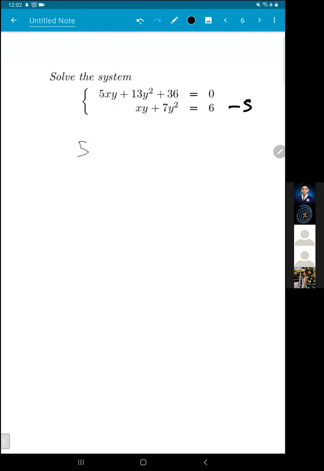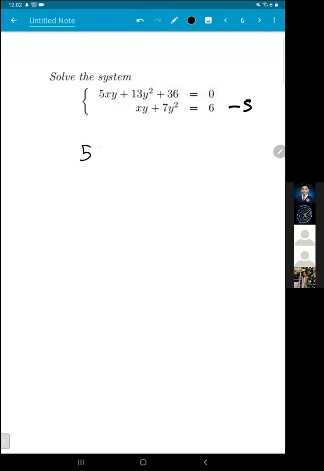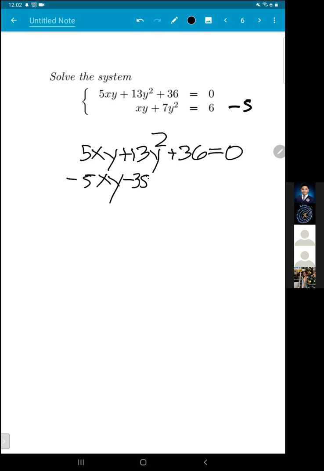You copy the first equation. Then add. Cancel.